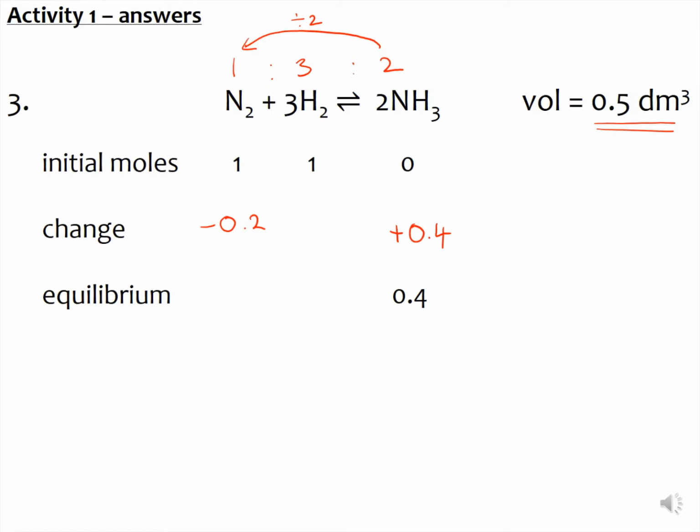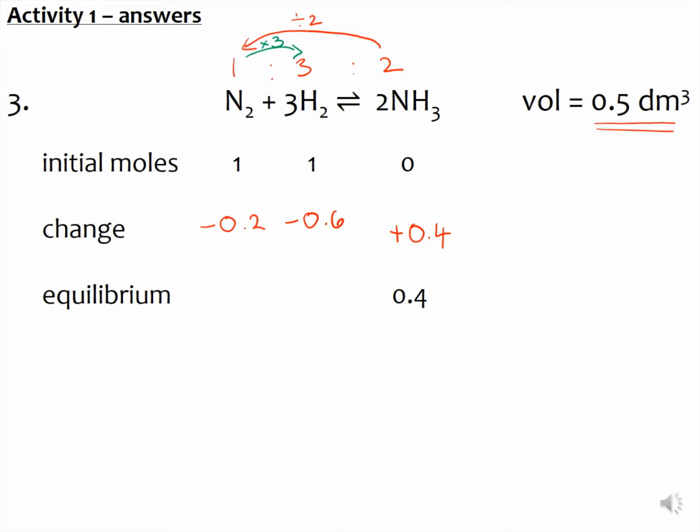Then looking from N2 to H2, we've got a 1 to 3 ratio, so however much N2, it will be times 3 for how much H2 has reacted. So if N2 has gone down by 0.2, then the H2 has gone down by 0.6. 0.2 to 0.6 to 0.4, that is our 1 to 3 to 2 ratio.